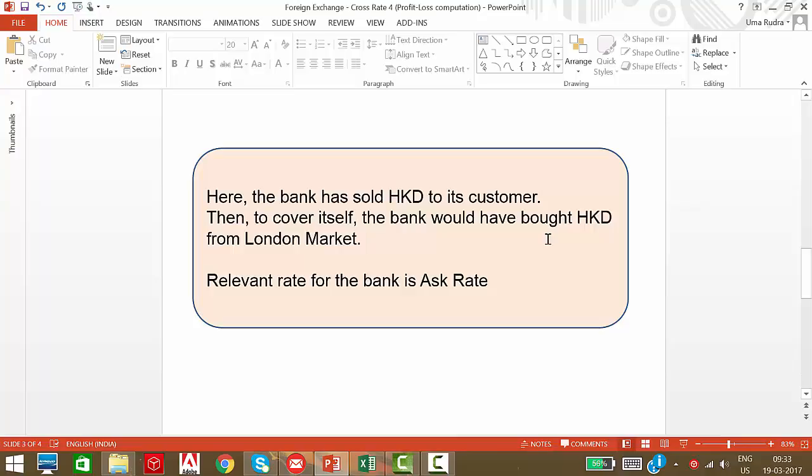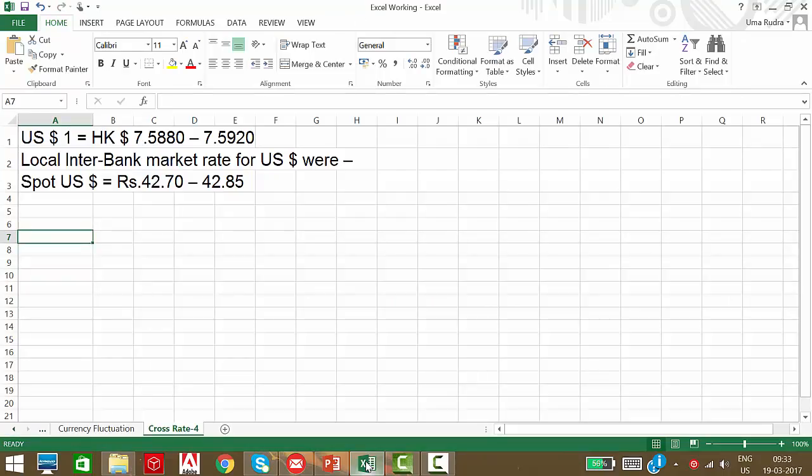Here, the bank is buying Hong Kong dollar from London market to cover itself, so the relevant rate would be the ask rate. Now, let us see the sum. For our convenience, I have copied the rates that were quoted.